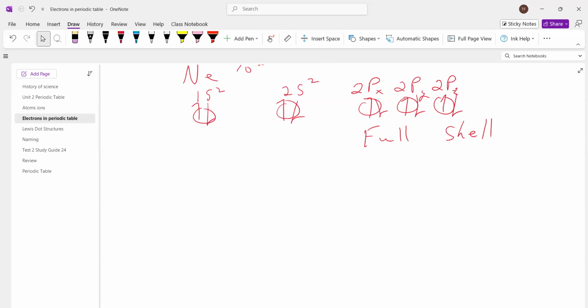Nothing past shell 4. No shell 5, 6, or 7s. Let's go to shell 3 now. Now shell 3 is odd because it jumps over. There's an anomaly with shell 3. Remember I said shell 3 can hold 18 electrons?